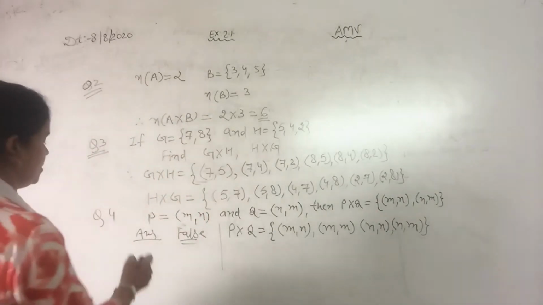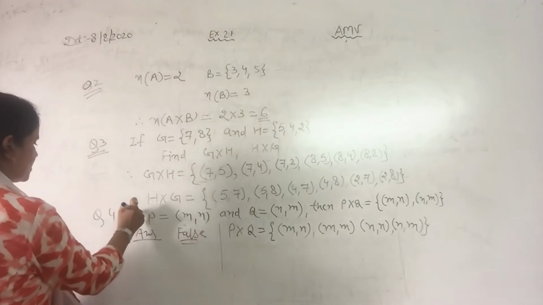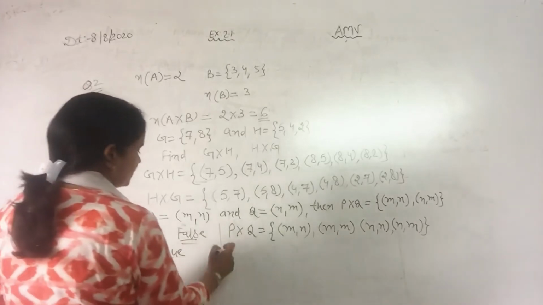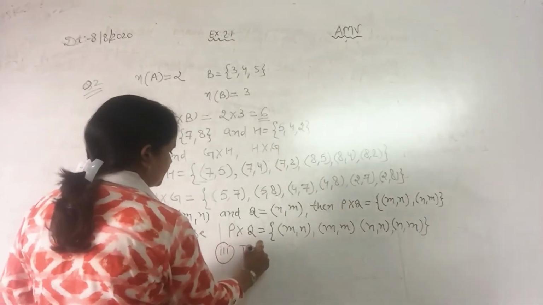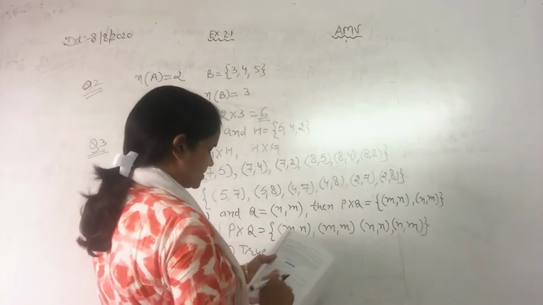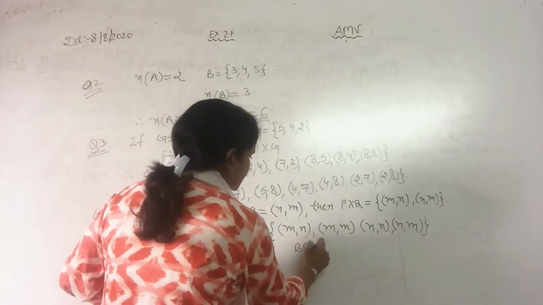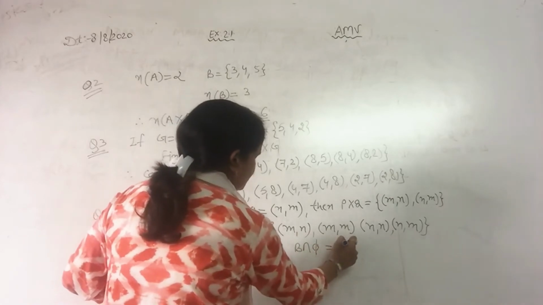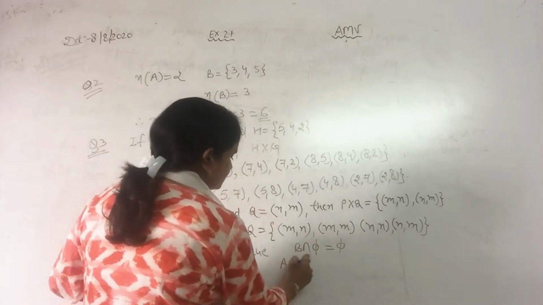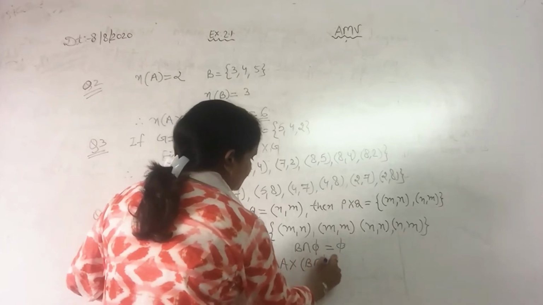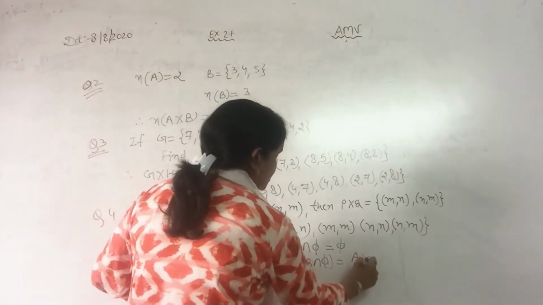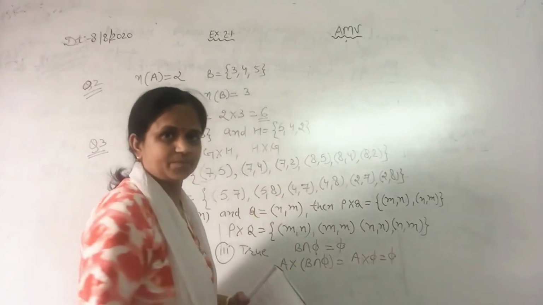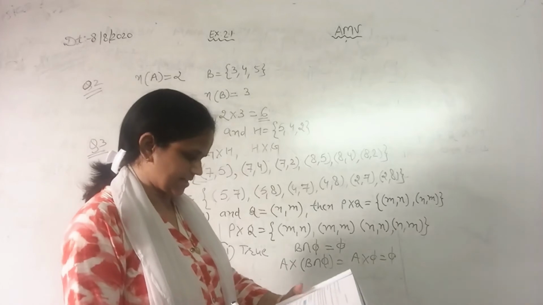Yes, it's also true. Why? Since students, here B intersection phi from the set properties, you know it is phi, and A with B intersection phi means Cartesian product of A and phi gives phi only. So it is the correct answer.